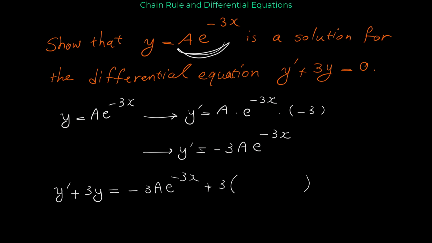Y is basically a e to the negative 3x. Negative 3a e to the negative 3x plus 3a e to the negative 3x is 0. These two expressions are negatives of each other, and so their sum is 0. And this completes the solution of this question.